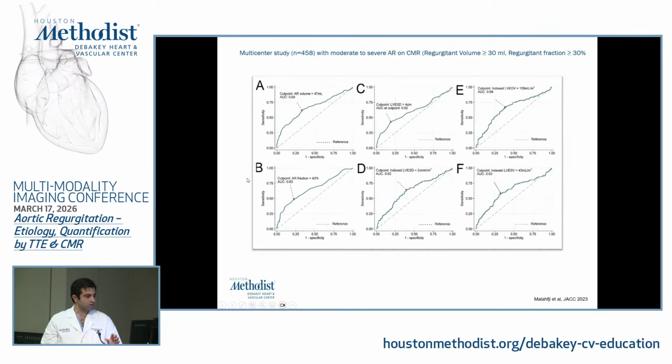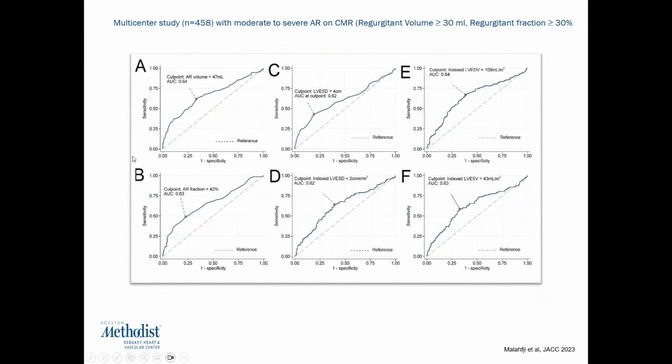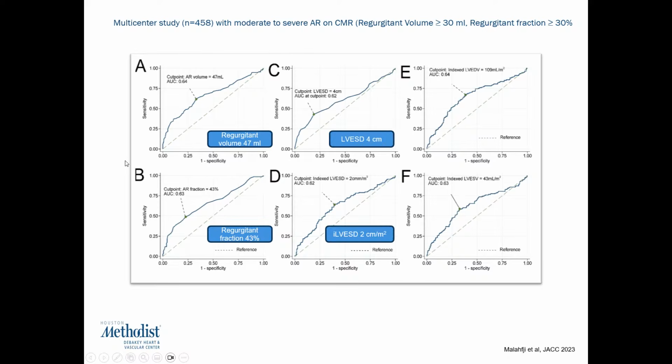And we did this study a few years ago where we looked at people with isolated moderate or greater AR, and the regurgitation severity as well as the remodeling extent parameters were a little bit lower than what you would find. And this is a key message that really applies to both echo as well as MRI. Once you have values that are in the moderate to severe range, this is hemodynamically significant.